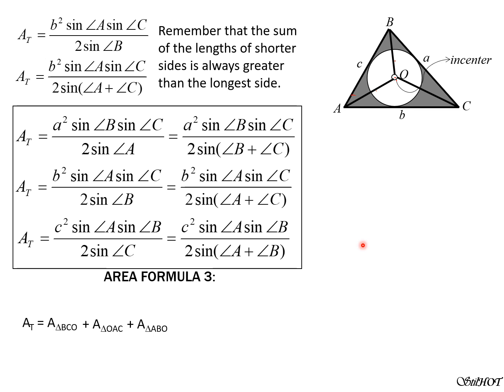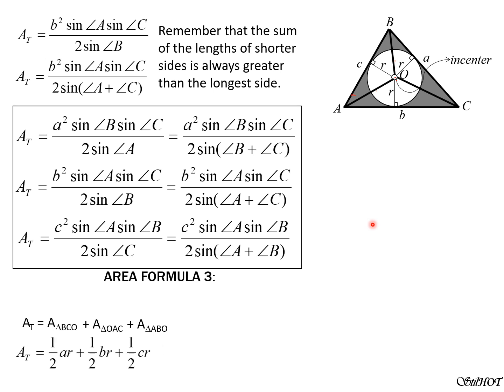So remember that area is 1/2 base times height, where height in this case would be the radius of the inscribed circle, which is denoted by R. So R and R. So area equals 1/2 AR plus 1/2 BR plus 1/2 CR.